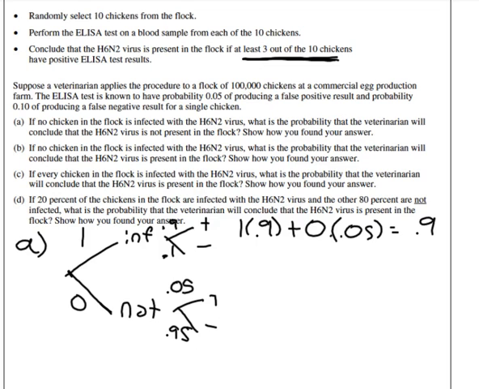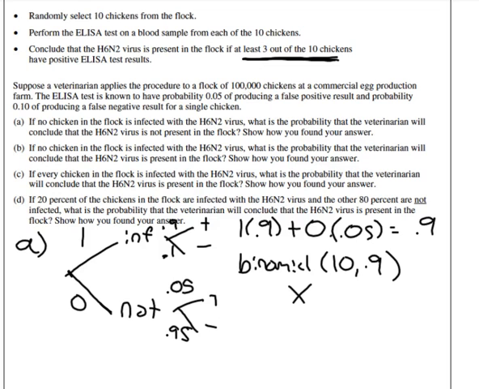Now this time we're going to find how likely it is to determine that it's present. Well, same story. This is going to be binomial. We're still counting the number of successes, but this time the probability of success has changed. This time it's a 0.9 chance of determining that a chicken has the infection.